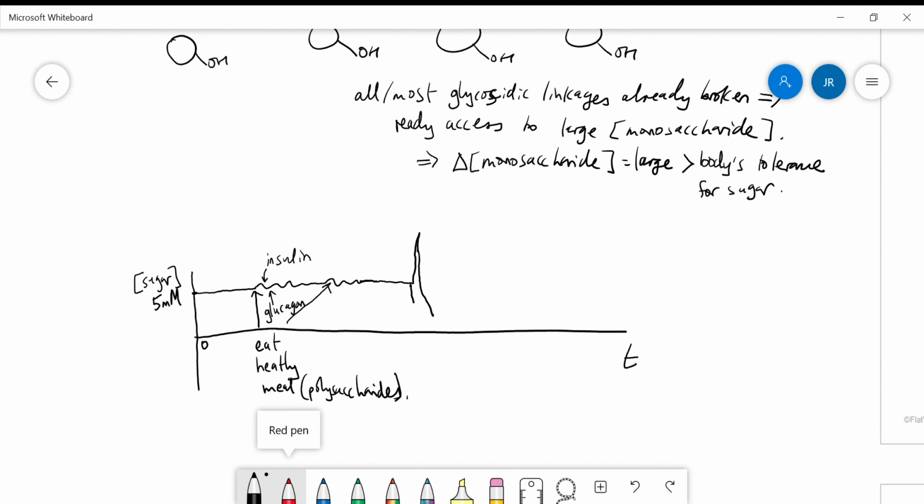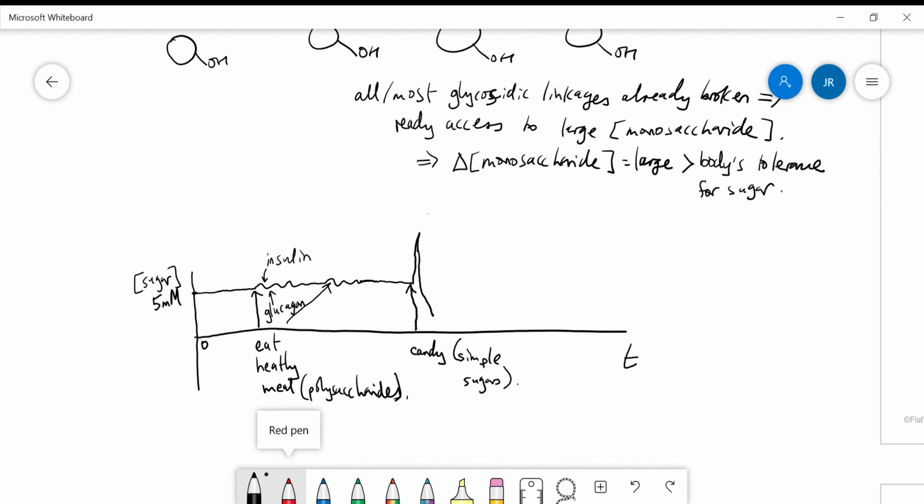here, at this time here, you ate candy, lots of candy. So these are simple sugars, mono or disaccharides. This might be far beyond your tolerance, I guess, depends how much you eat.